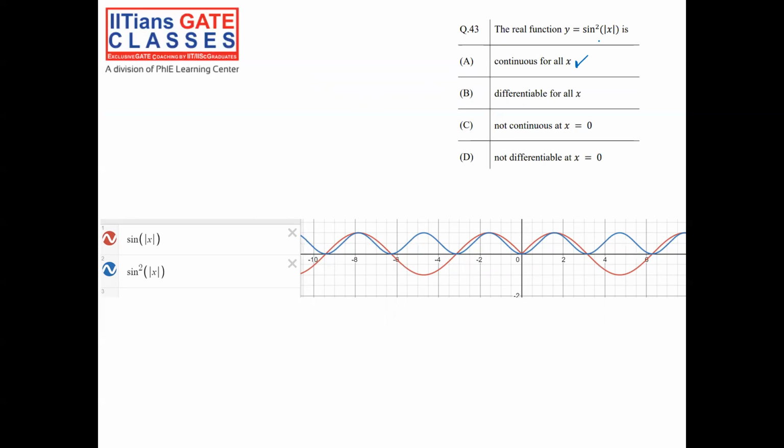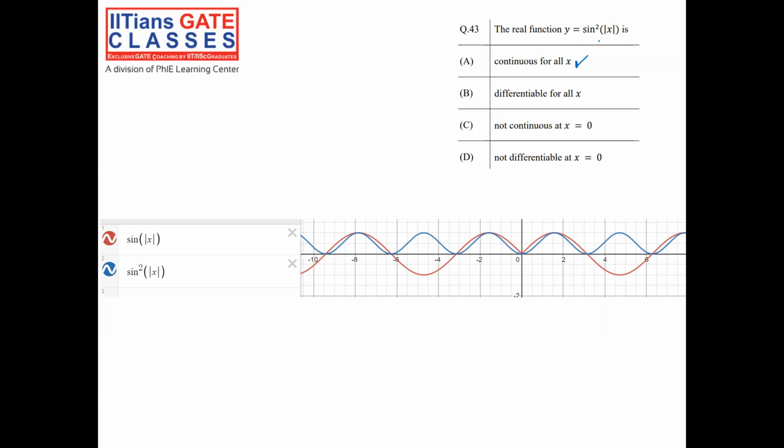Okay, but here we got a square function. Okay, it's a sine square mod of x. So if you look into the plots of this, the plot which is in red is for sine of mod x, and the plot which is in blue color is sine square mod of x.